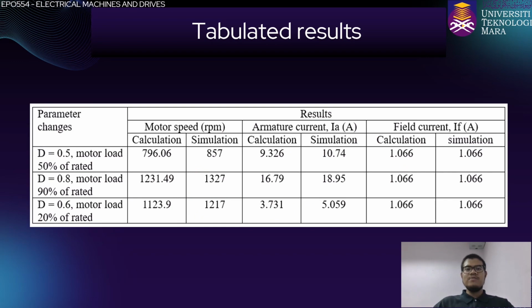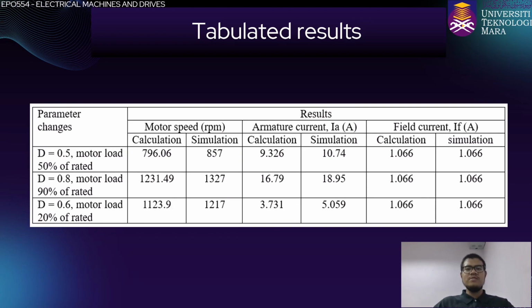Next, the simulation result closely matches the theoretical calculation, validating the accuracy of the motor model. For example, at duty cycle 0.8 with 90% load, the calculated speed was 1231 RPM compared to 1327 RPM in the simulation, and the armature current rose from 19.79 ampere to 18.95 ampere.